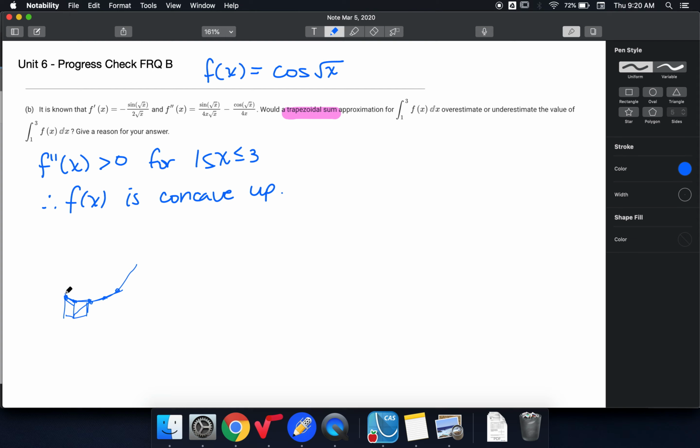No matter whether the curve is decreasing or increasing, it doesn't matter. The secant lines connecting two points are always going to be above the curve. So my trapezoidal approximation is an overestimate.